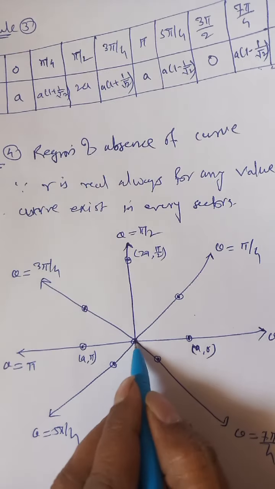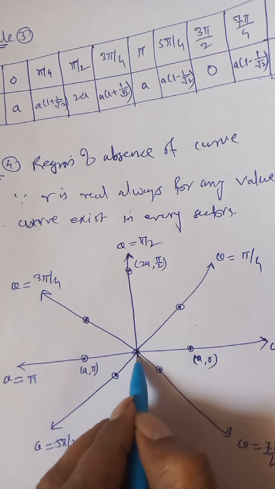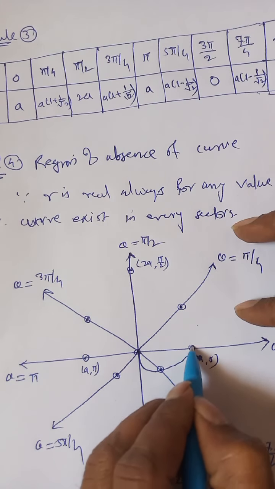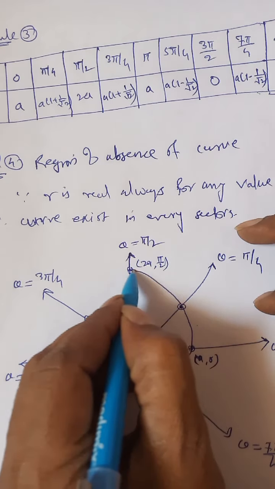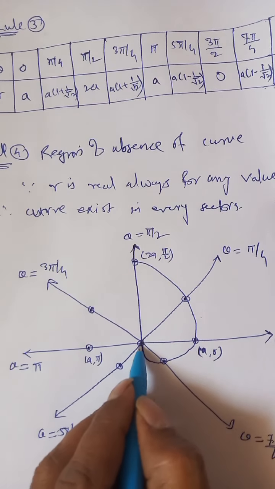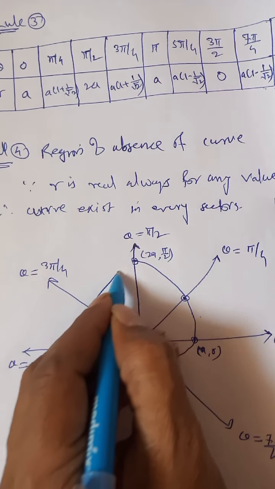So since it passes through the pole and this line is tangent to the pole, the nature of the curve will be definitely like this, and it passes through this point, so the curve will be like this. And since it's symmetrical about y-axis, the same curve will be here like this.